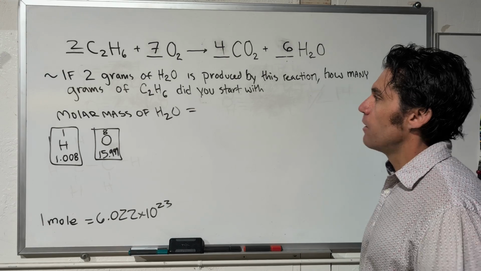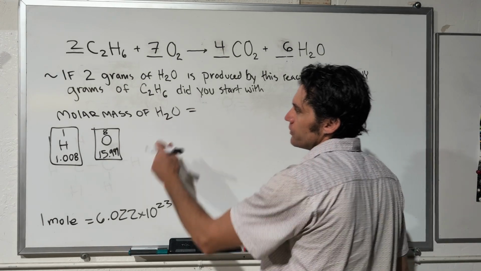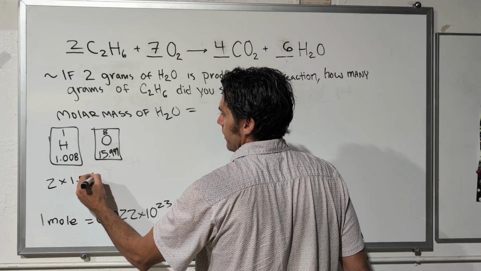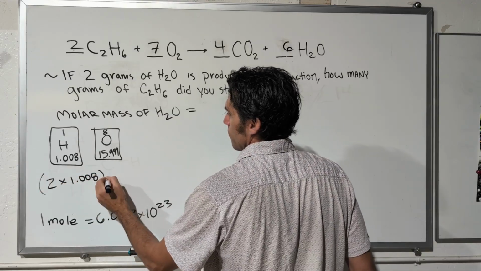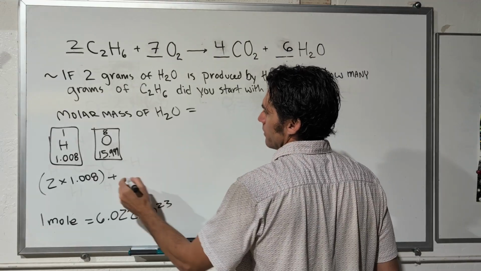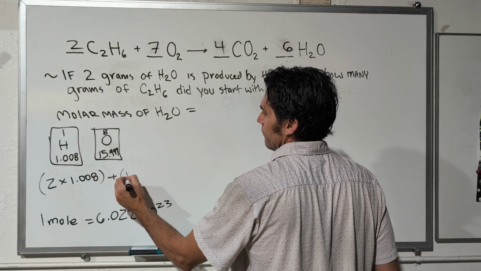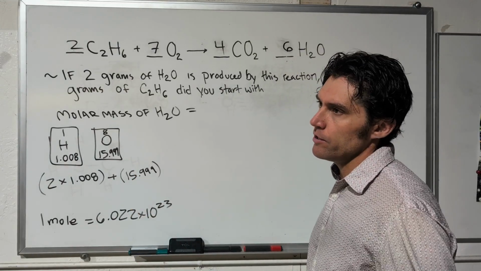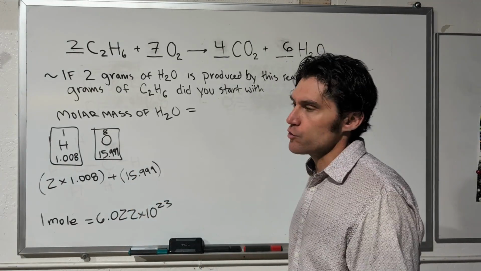So if we got 2 hydrogens, we got 2 times 1.008, plus 1 times 15.999. And you can round these. You don't need all these decimals, just round it.